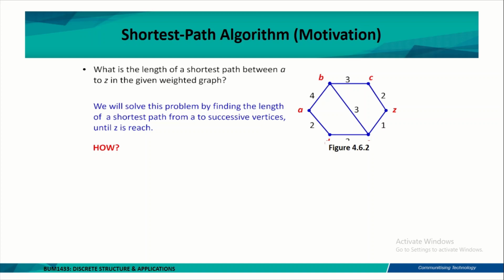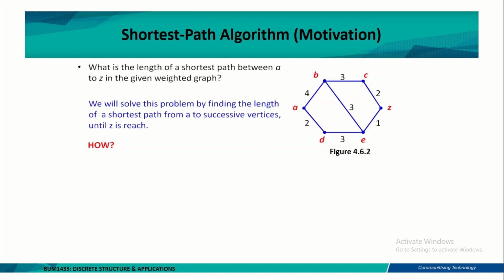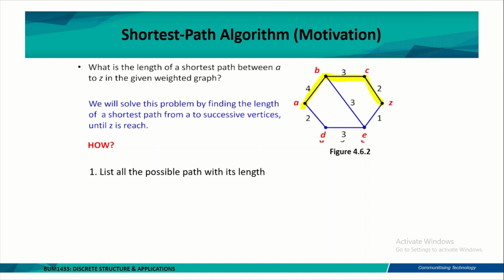We list all the possible paths with their lengths. So from A to Z, we have A to Z through the vertex B and the vertex C.